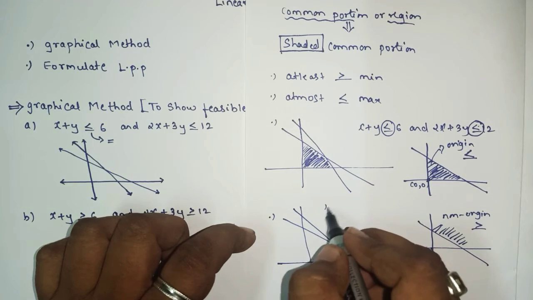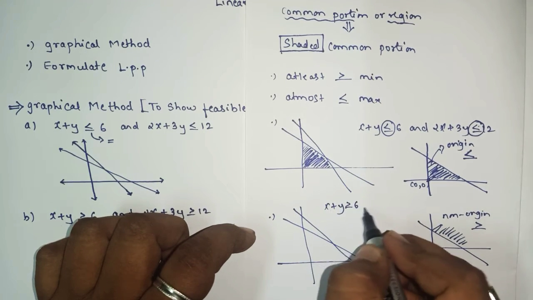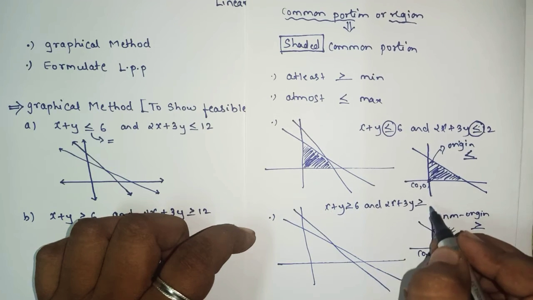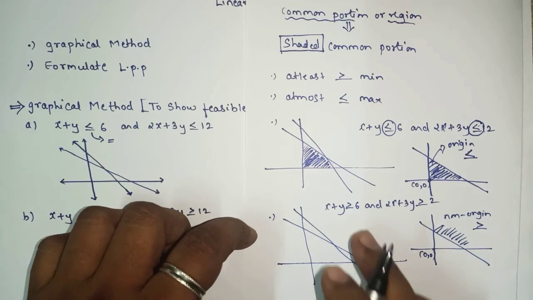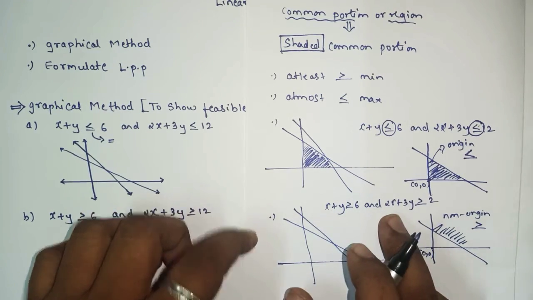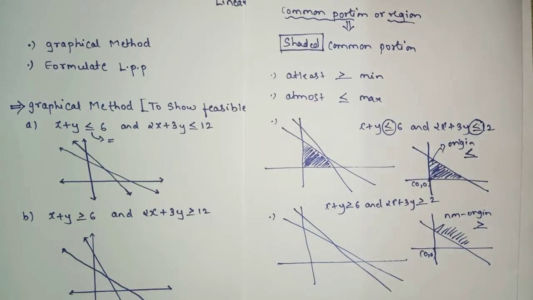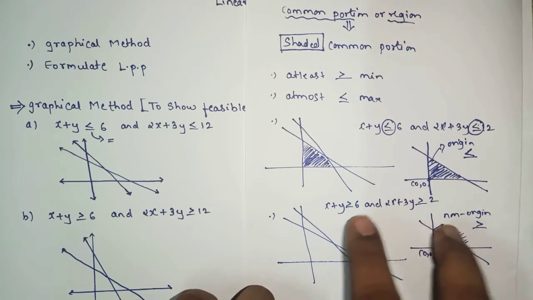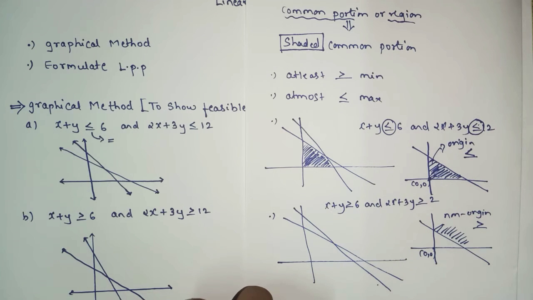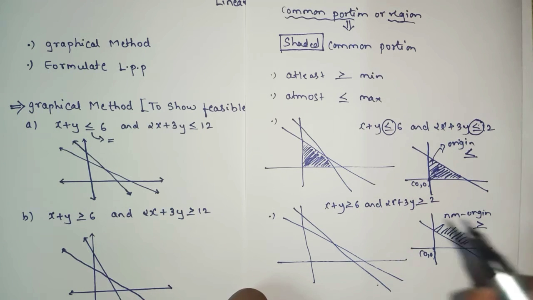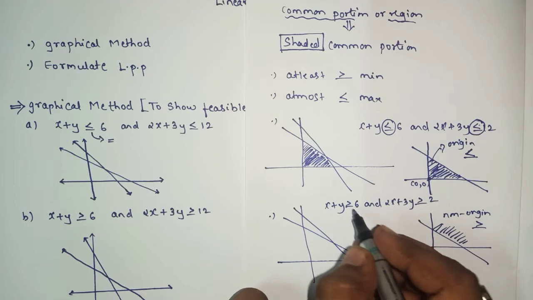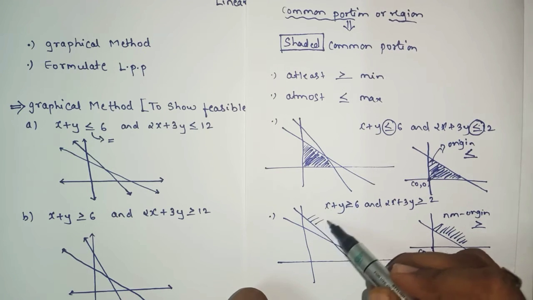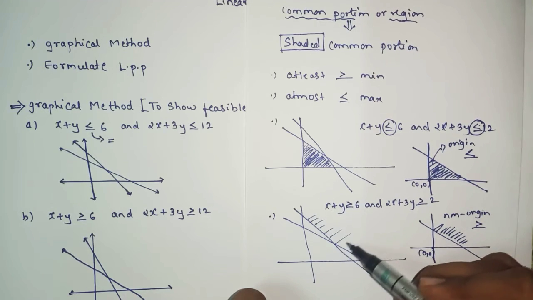Okay, and suppose whether we have two equations or more than that, see to it that for this type of sum, when it contains greater than or equal to, the shaded region, the feasible region, will always be outside.